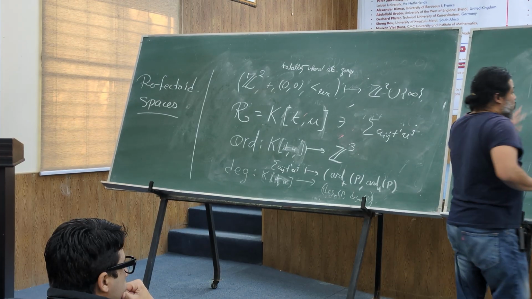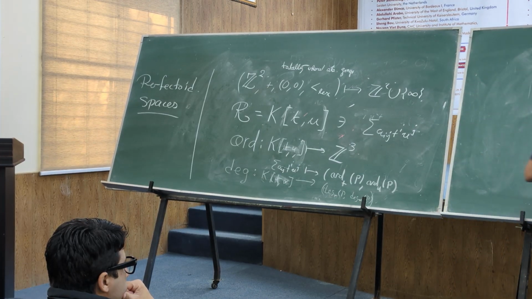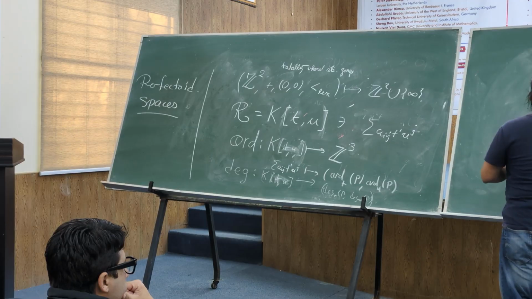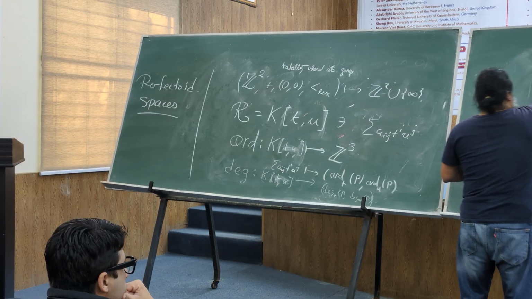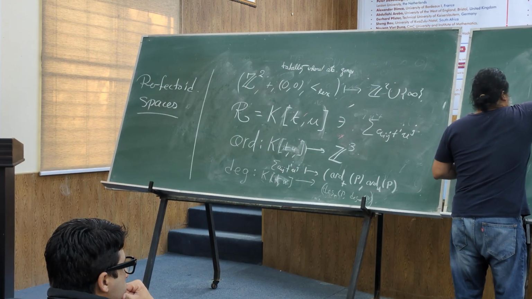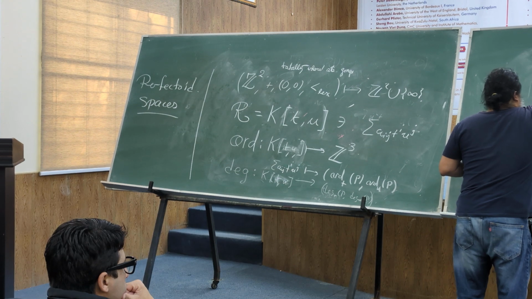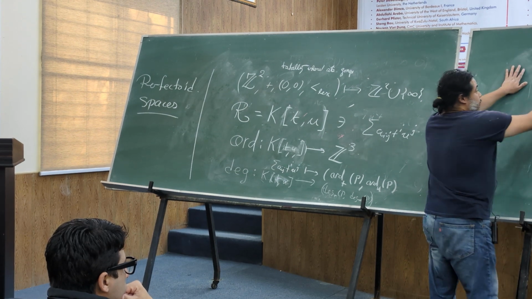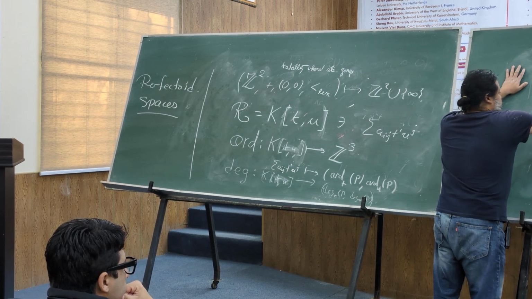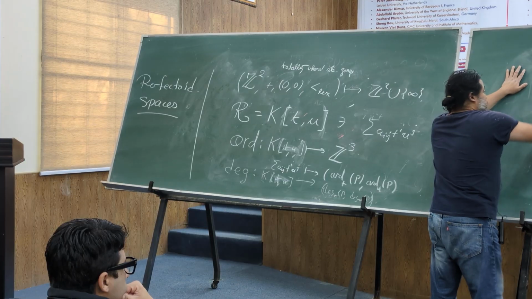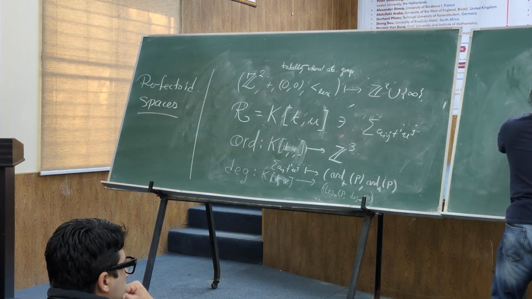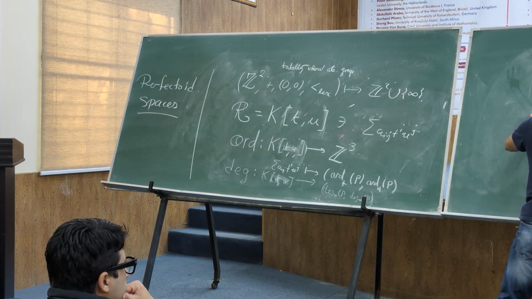So first let me take the 0 away, just to fix ideas. And if I have here a polynomial the sum of a_i x^i, I send it to the max degree of p, which is the max i such that a_i is not equal to 0.